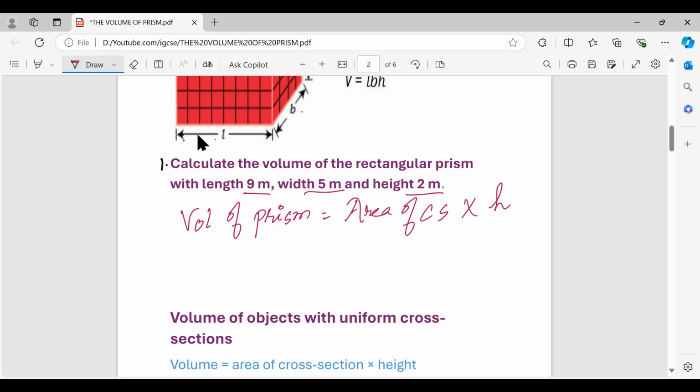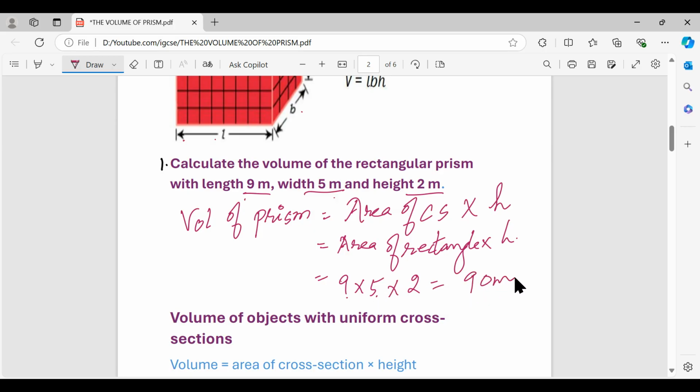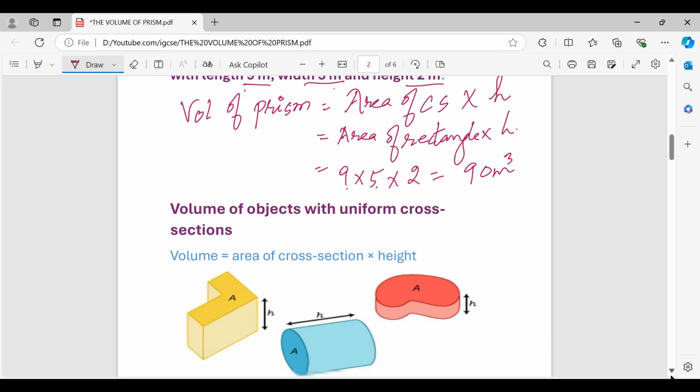Here the area of cross section will be the area of rectangle, so area of rectangle times height. Area of rectangle is length into width, so that is 9 into 5, times height, that is 2. So you will get 9 times 5 is 45, times 2 is 90 meter cubed. So this is nothing but the volume of a cuboid.